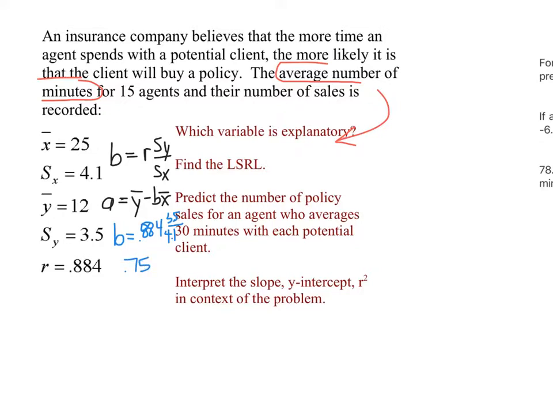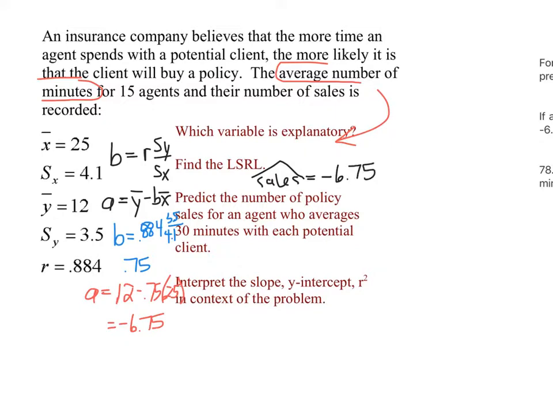Now I know my slope, and to get the intercept, I do a equals y bar, so 12, minus 0.75 times x bar, which was 25. This comes out to be negative 6.75.